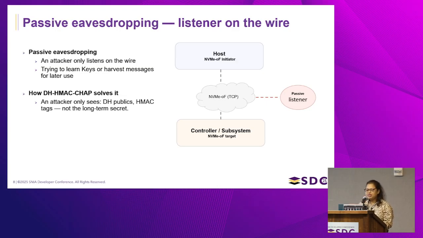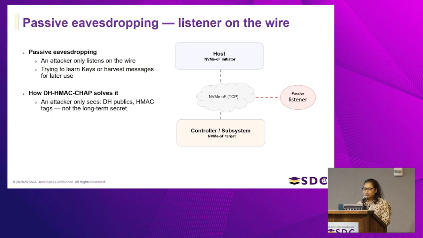So bottom line is, a passive eavesdropper learns nothing useful. They might record all the traffic, but they cannot use it in any way to attack the network.